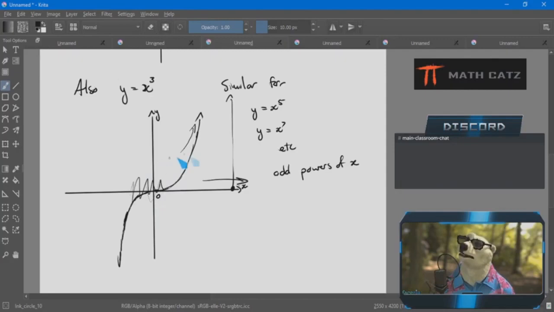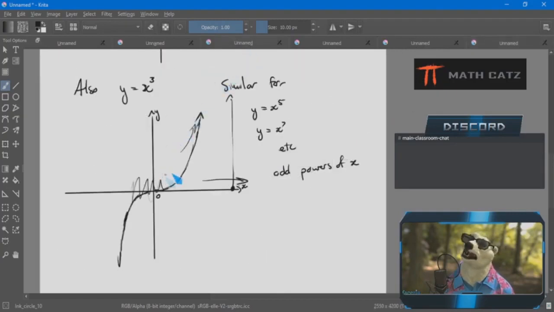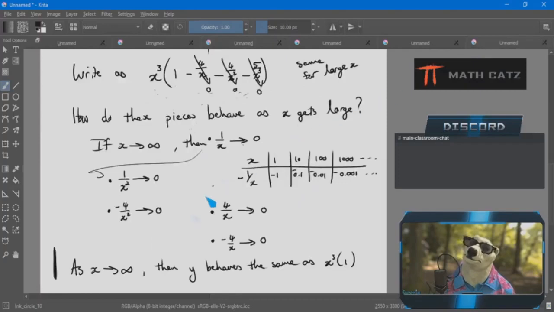But eventually, when they're all done, it's going to copy and mirror what this x cubed graph is doing. Long-term behavior. I don't know when it happens. It could take a very long time to really get close to this. But if I go far enough to the right, it's going to almost sit exactly on this x cubed graph.